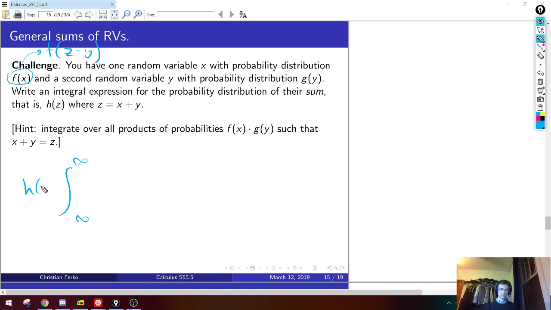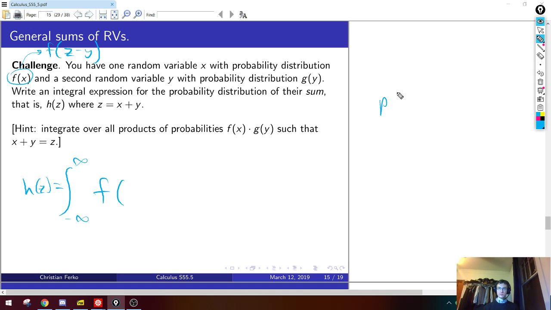So it's going to be the integral from negative infinity to infinity of f of z minus y plus g of y. Why are you adding probabilities? In the other example, we multiplied them, right?